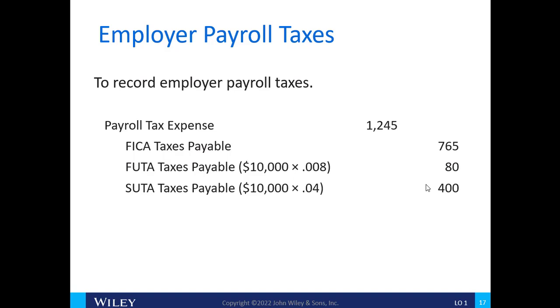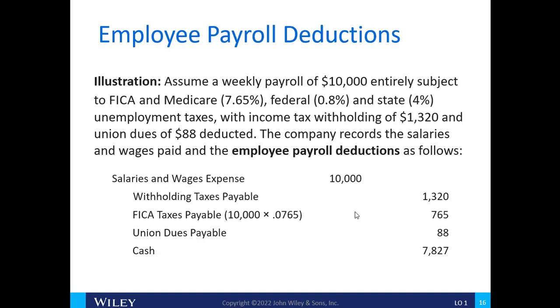Now, as far as payroll taxes are concerned, these are what we have to pay that doesn't come out of the employee's paycheck. We have to pay our percentage of FICA taxes. So the employee pays 7.65%, and the employer also pays 7.65%. So you have, what is that, over 15% is going to actually go into the federal coffers based off of the payroll, but the employee only pays 7.65%.